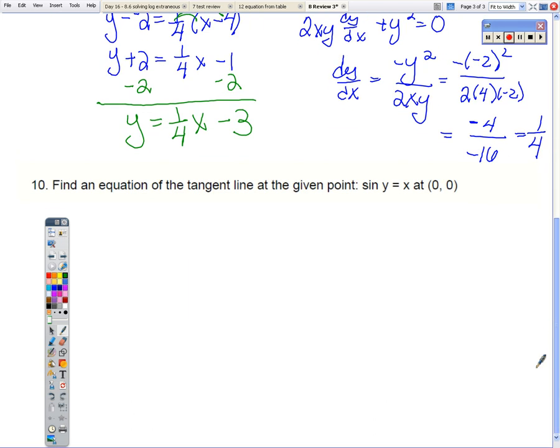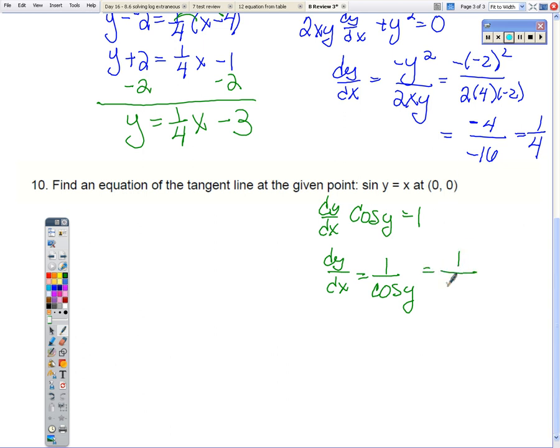Okay, we're going to use the same process for number 10. The derivative of sine is cosine, and we also need the dy/dx. So dy/dx equals 1 over cosine of y. So plugging in my point, 1 over cosine of 0.